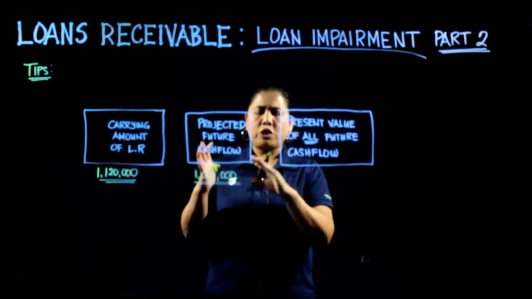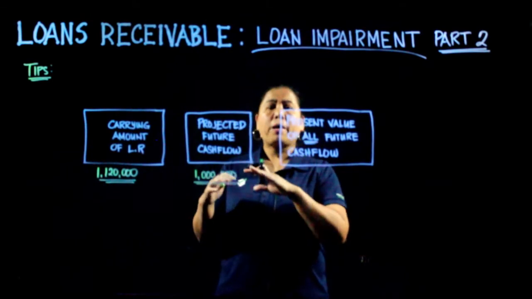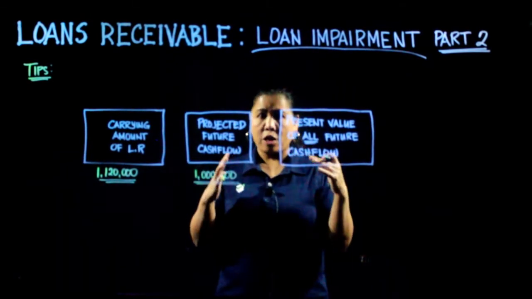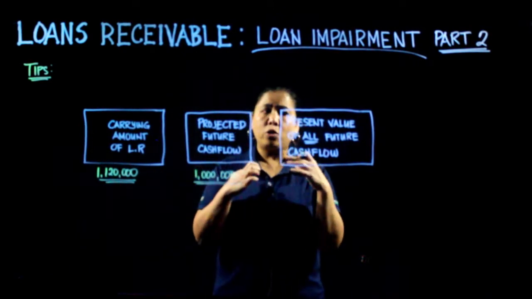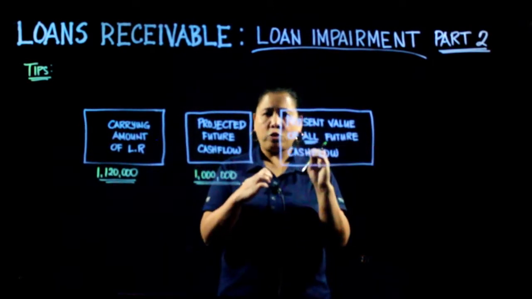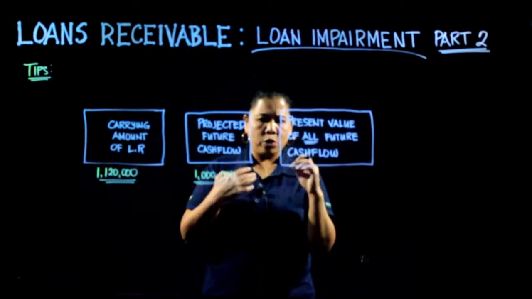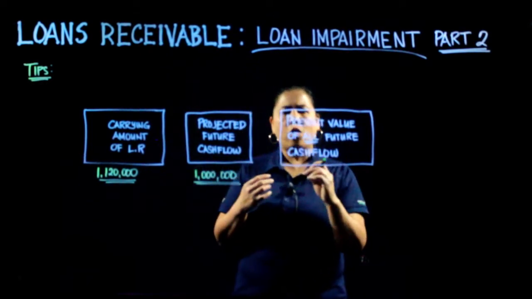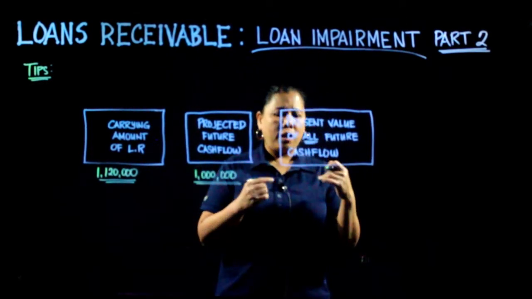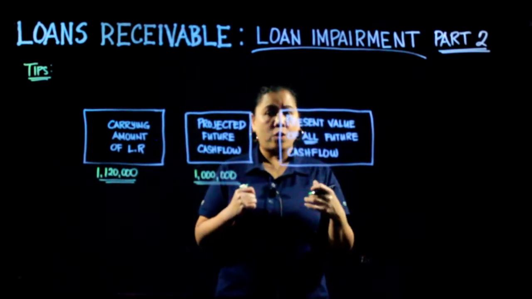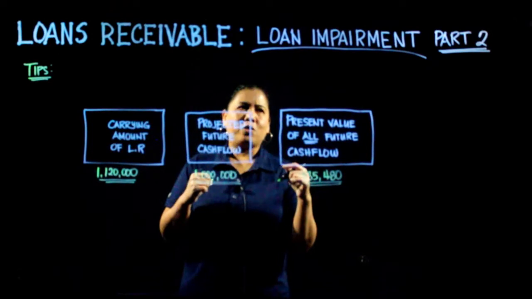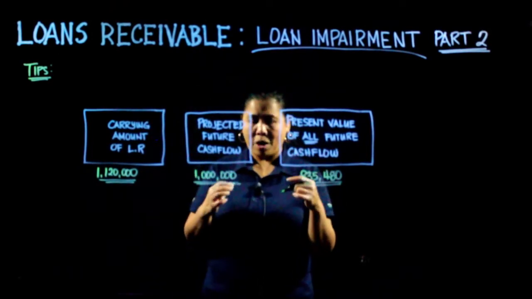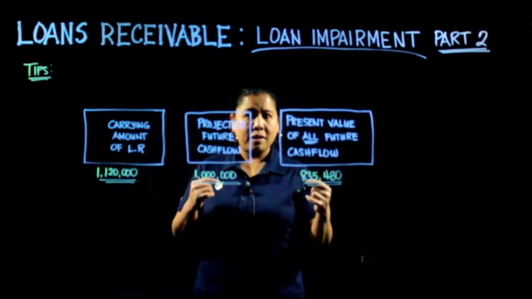Then, from the projected future cash flow, minomultiply po natin yan sa present value factor. Pag minultiply mo yan sa present value factor, makukuha mo yung present value of all future cash flows. And if you remember, our present value of all future cash flow was 835,480.